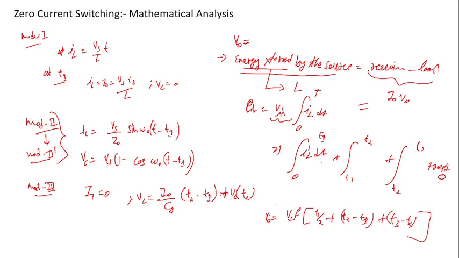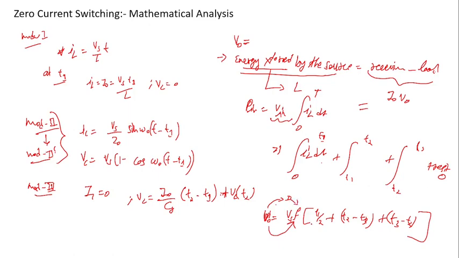Because the output voltage here depends on the switching frequency. If you are using the LC ZCS circuit with your buck converter, in that case the output voltage not only depends on D, but it also depends on the frequency. But what is the big deal?